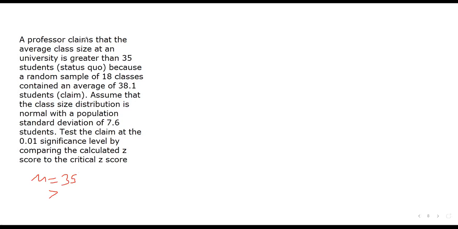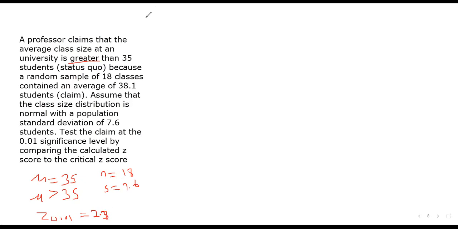The claim is that the average is greater than 35. So this is a single tailed test. The significance is 0.01, which is 99%, so we have 2.33, not 2.58, because it's a single tailed test. Our N is 18. Standard deviation is 7.6.